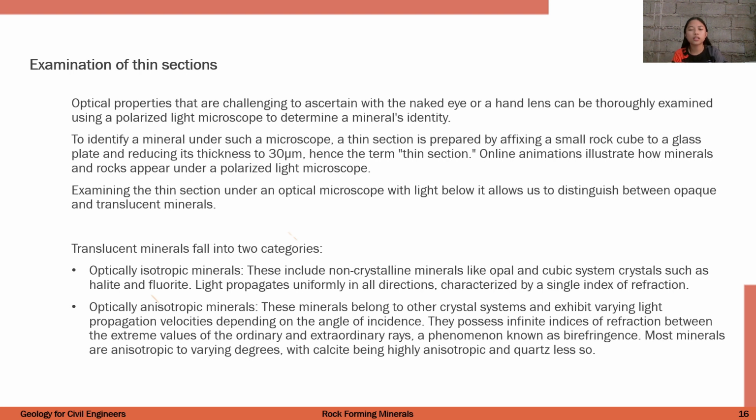So, kapag kailangan natin tingnan ng malapitan kung paano nag-interact ang mineral sa light, especially yung mga may hirap makita with our eyes or regular hand lens, gumagamit tayo ng special tool na tinatawag na polarized light microscope.